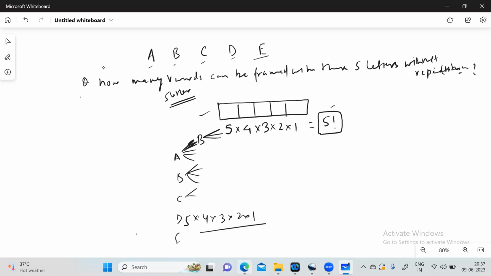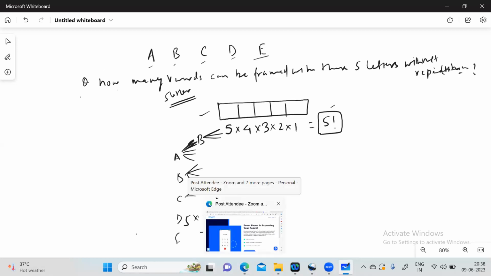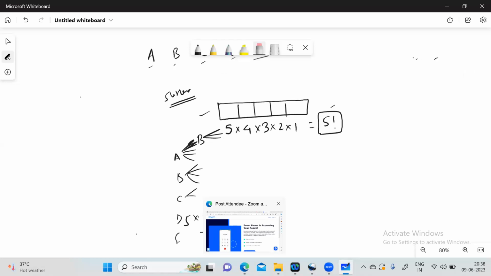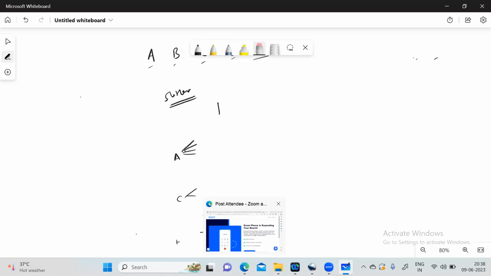Okay. Now, I'll make a very slight change in this problem. I'll increase the number of letters here first, because the problem that I'm going to discuss will introduce the chapter here.